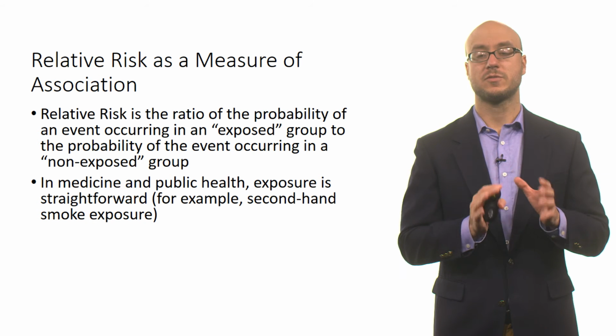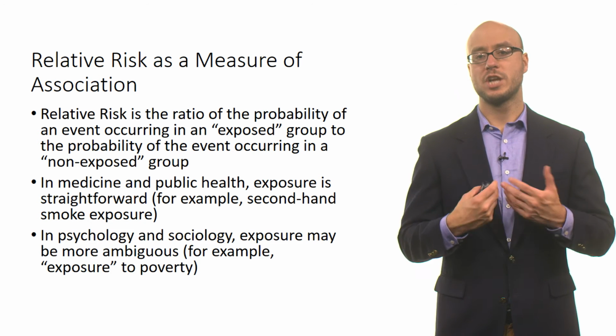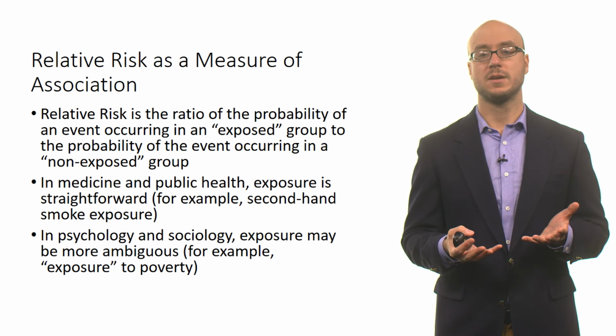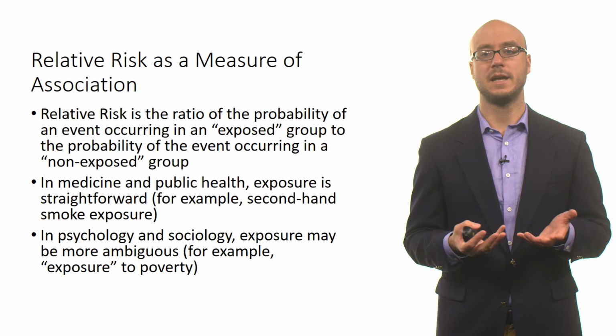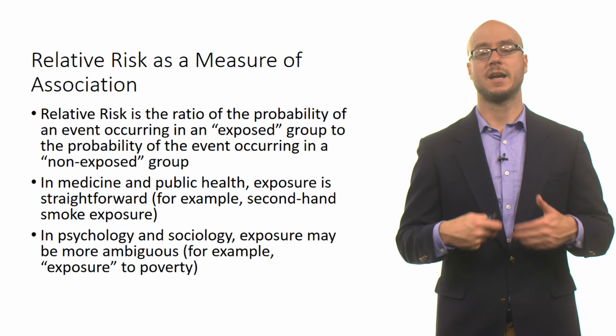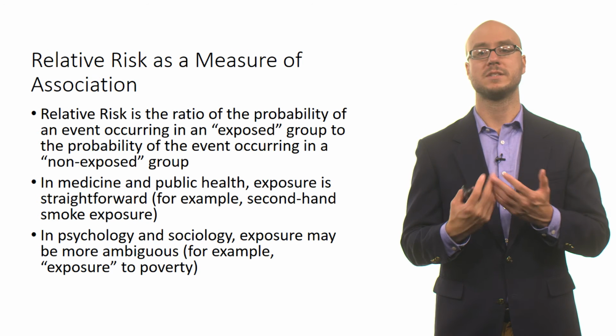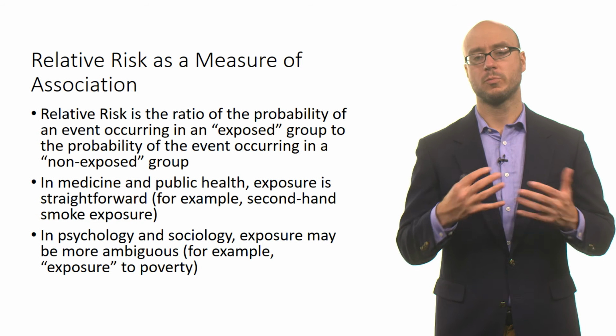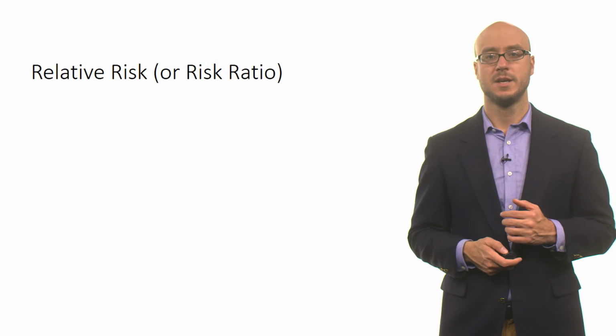So exposure can be straightforward. More generally, though, you can see exposure referred to as different conditions or life events. So, for example, you might say poverty is a kind of exposure. It's in a way a risk factor for other outcomes. So by exposure, we're using it in a very general sense.